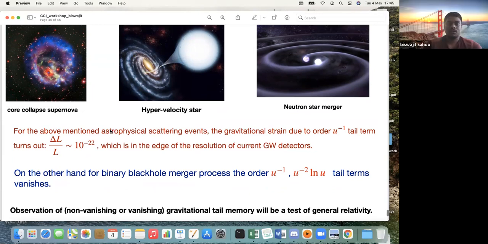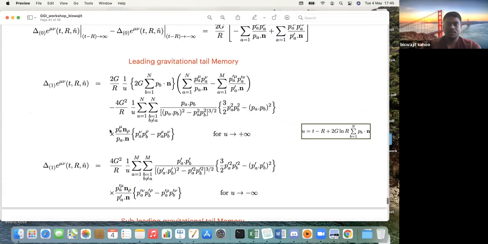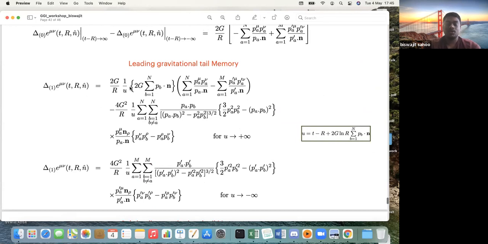Okay, so let me explain. I want to mention that all these tail memories are of 1 over r order, in the r expansion, where r is the distance from the center to the detector. And in this 1 over u term, you can see there are two kinds of contribution. One is this first line, which I was describing, a phase term multiplied by the leading memory. People have explored this earlier; this tail term is already known.